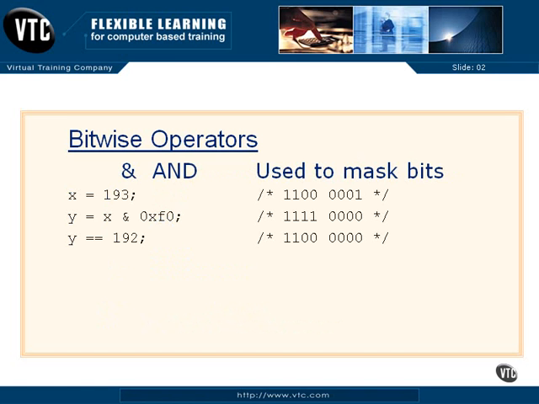So let's say we have X with a value of 193. This is 193 in binary. So this means that these bits are set, 128 and 64, and a 1 down here gives us the value 193 in binary. We're going to have a new variable called Y, set to X ANDed with a hexadecimal value F0, 0xF0.